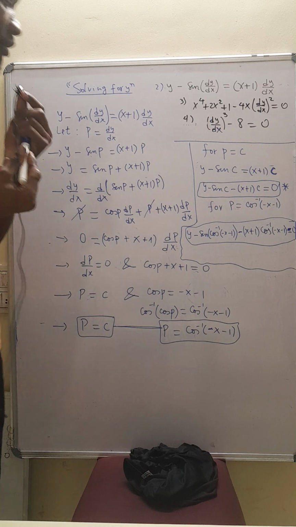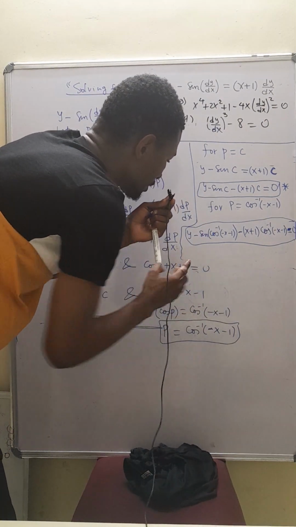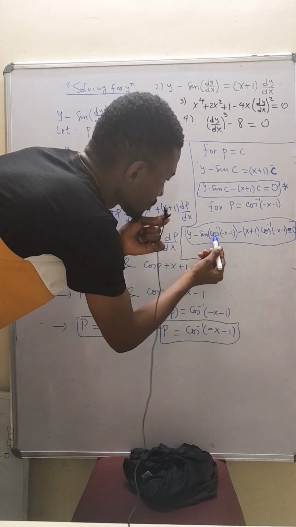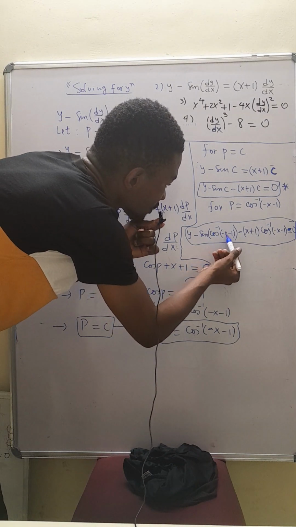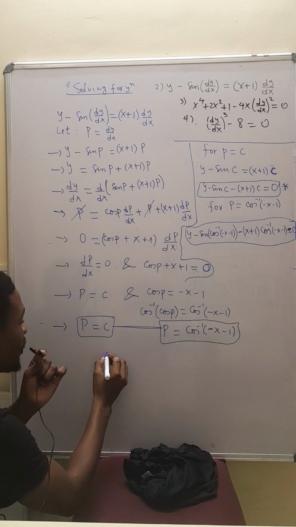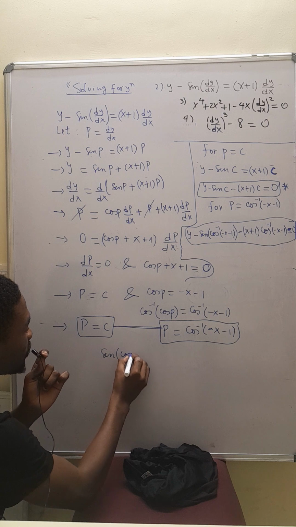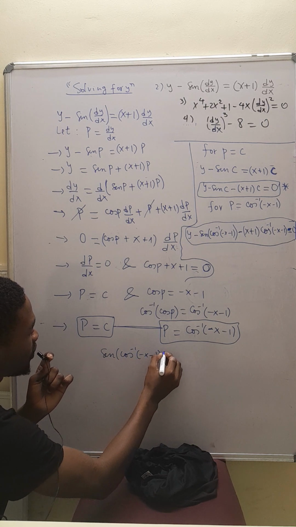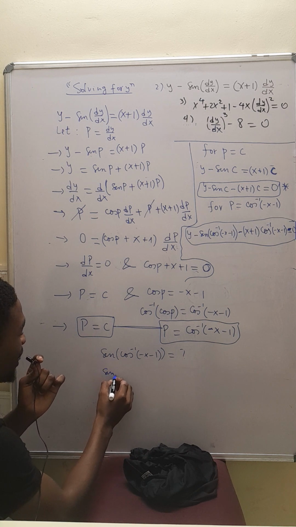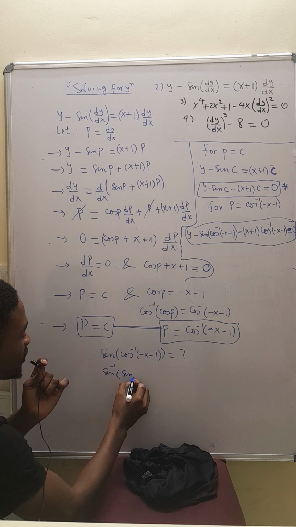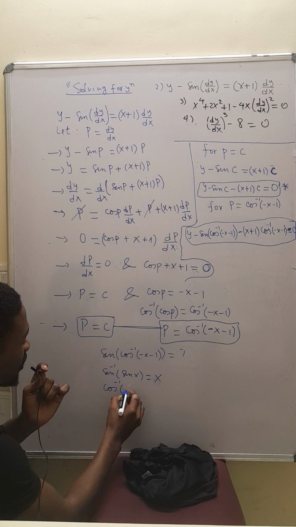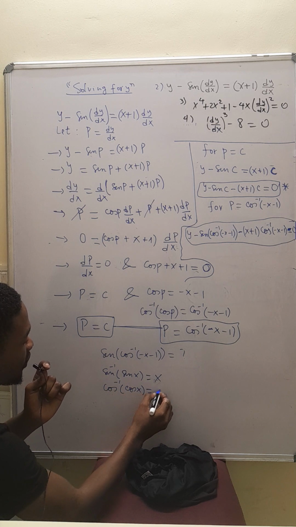Can we do some simplification here? Yes. Here you have sin of cos inverse of minus x minus 1. We know that inverse sin of sin x is equal to x, and in the same way cos inverse of cos x is equal to x.